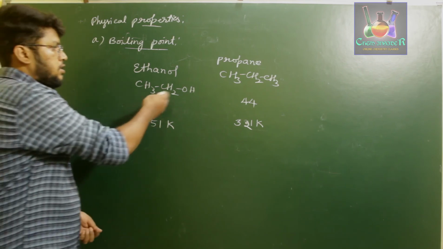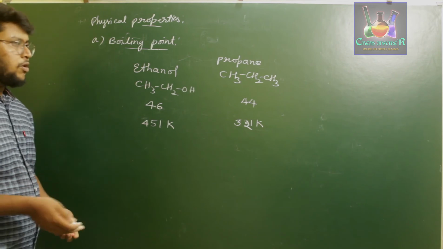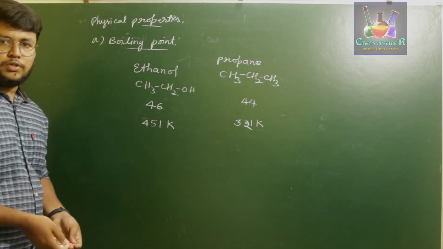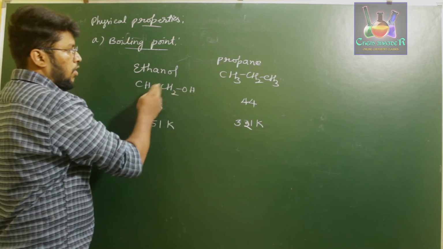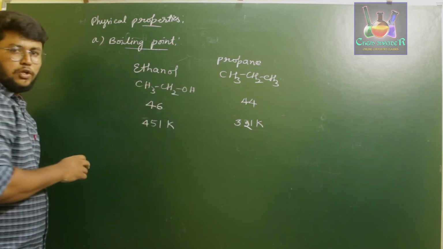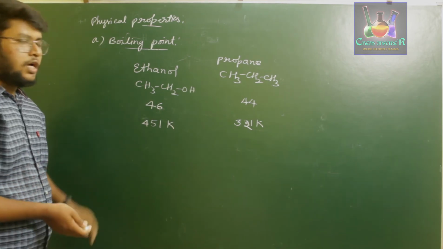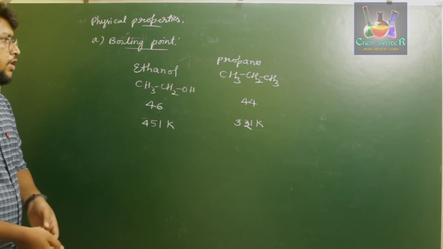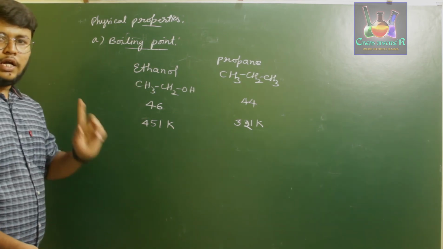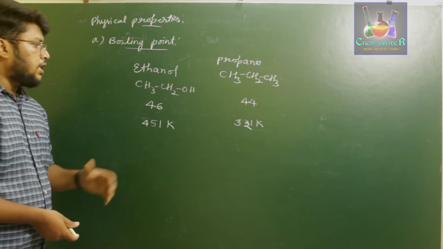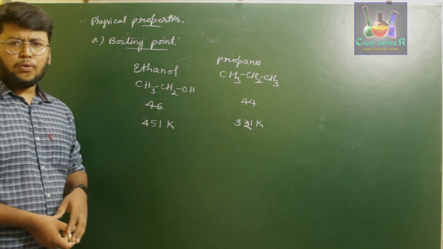If you consider just the carbon atoms present here, the carbon atoms will be attached with covalent bonds. But along with the covalent bonds, when compared to propane, ethanol has an additional type of bond, that is the hydrogen bonding. Therefore, even though both of them have the same extent of covalent bonds, since ethanol has hydrogen bonding involved in it, it has a very high boiling point when compared to propane molecules.